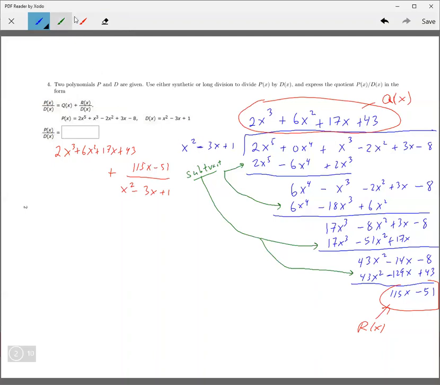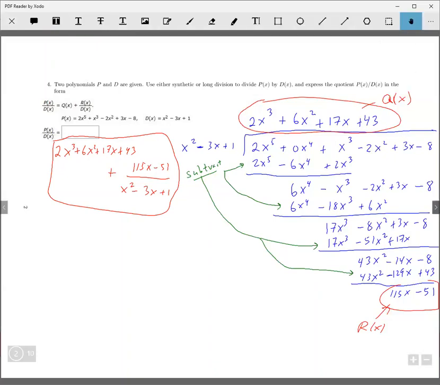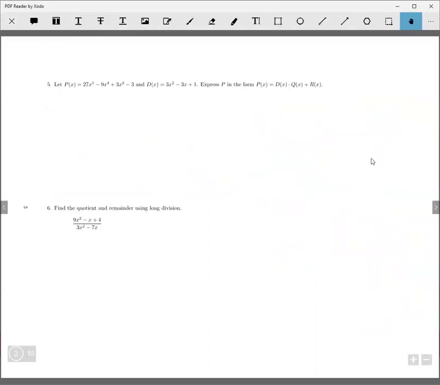Make sure that's a -1. Okay, so that should work out for being the answer right there. Okay, any questions about anything so far? Okay, let's move along.